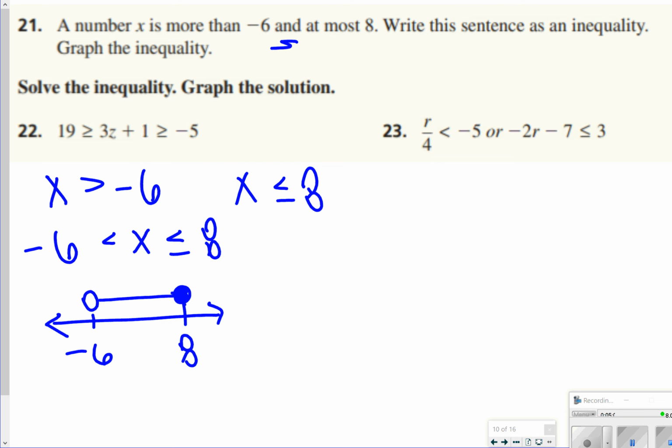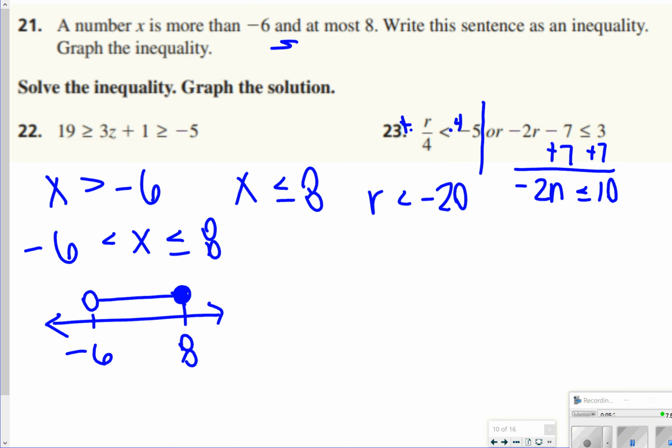For number 23, solve the inequality and then graph the solution. So you're basically just solving two separate ones. I'm going to multiply by 4 on both sides to get r is less than negative 20. And then here, I'm going to add 7 to both sides. So I'm going to get negative 2r is less than or equal to 10. When I divide both sides by negative 2, I'm going to get r is greater than or equal to negative 5.